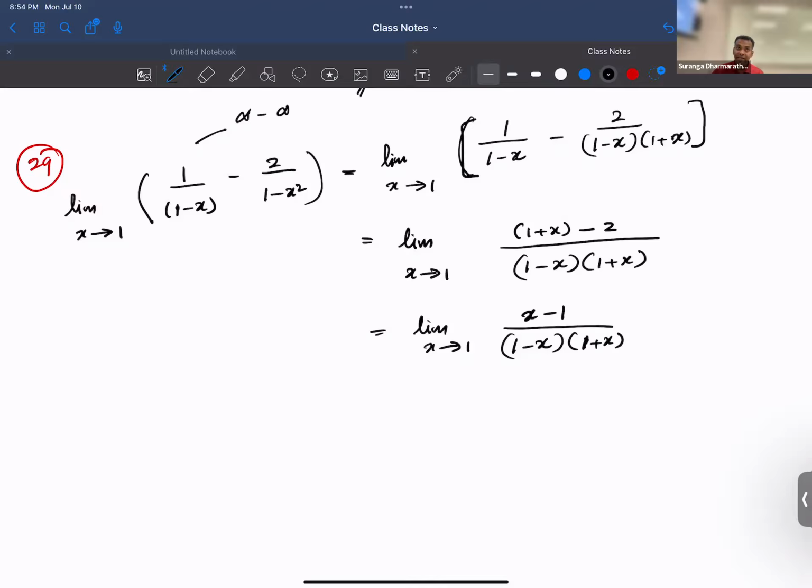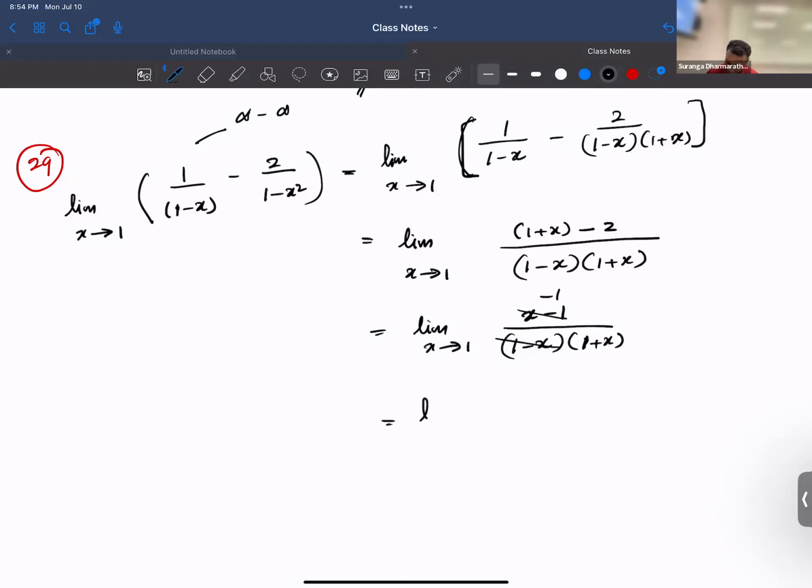So I can take a negative 1 out of the numerator. It will become 1 minus x. Or if I cancel, this becomes negative 1. Does that make sense? Because I can take negative 1 out, right?